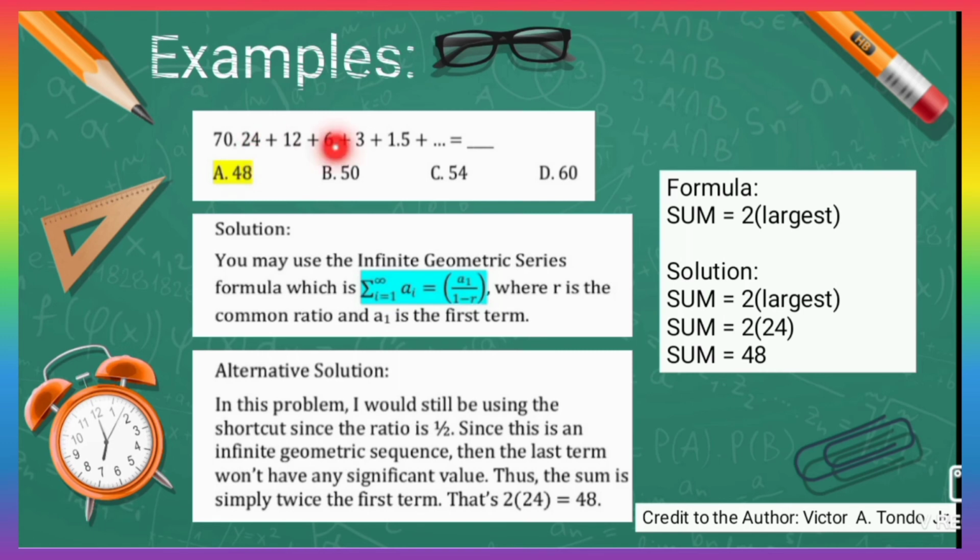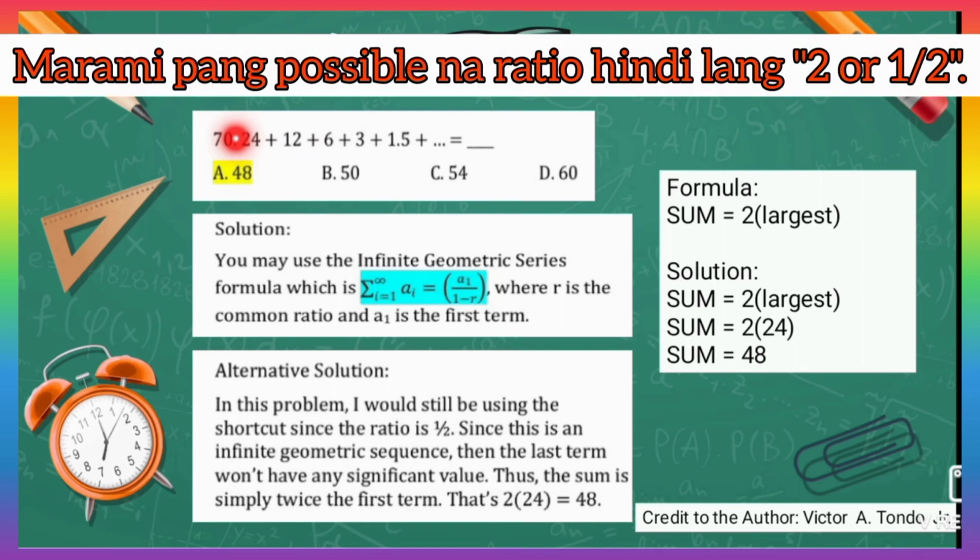So, another example na naman na wala siyang word, ikaw na mag-interpret kung geometric or arithmetic ito. Dito naman, halata naman na geometric kasi nagdi-divide or nagmo-multiply lang tayo. Kung titingnan mo sa gitna, si 3, kapag nag-multiply ka ng 2, magiging 6.